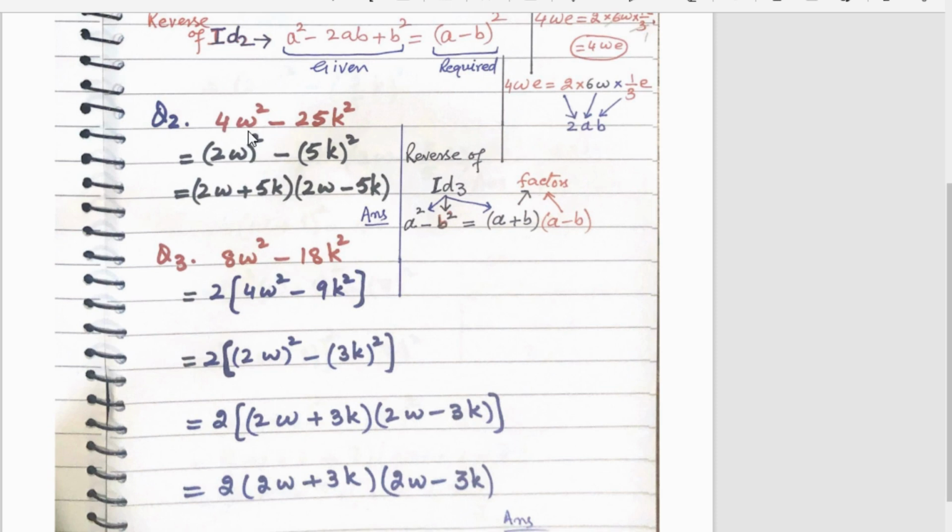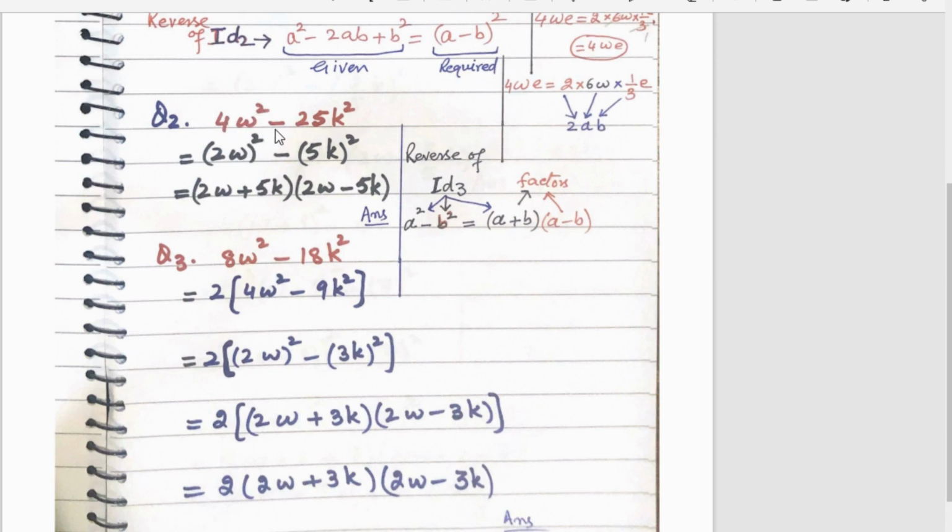So this term 4w square could be written as 2w whole square. We have enclosed it inside a bracket because this square is the power of every term inside the bracket. Now 2 square means 4 and w square is w square. We can get back this term.